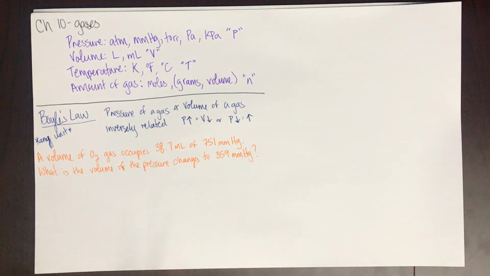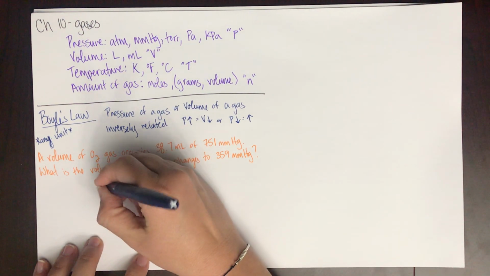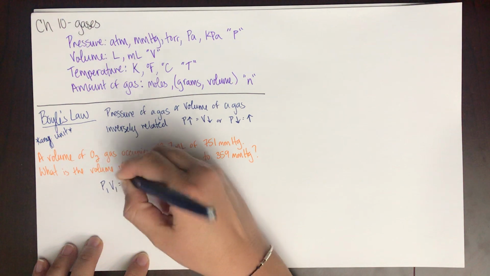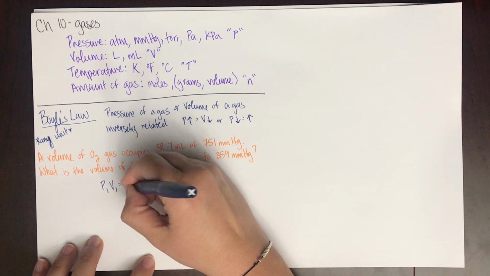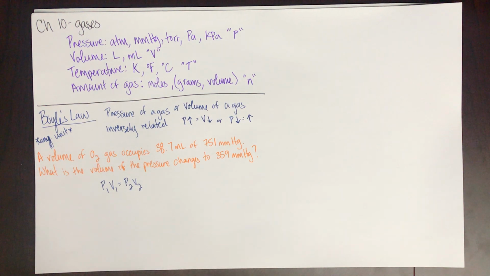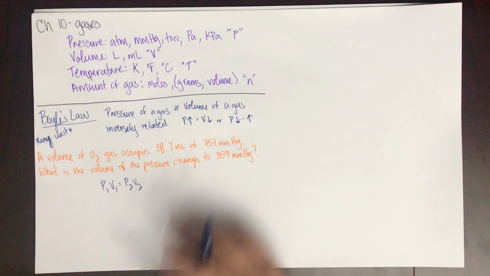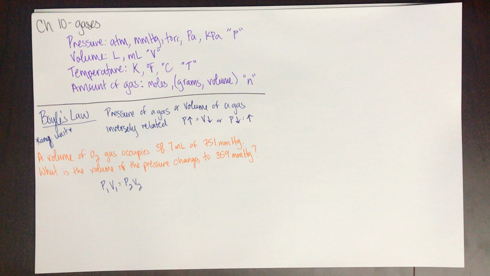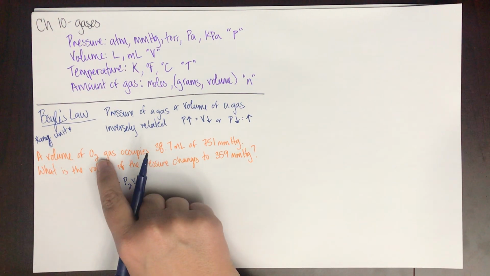Okay, so the formula that we use for Boyle's Law is P1V1 equals P2V2, where again 1 and 2 represent initial and final conditions. We're going to be given three of these four things and we're just solving for the fourth. It says a volume of oxygen gas.